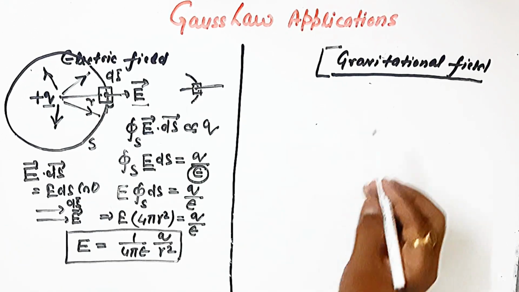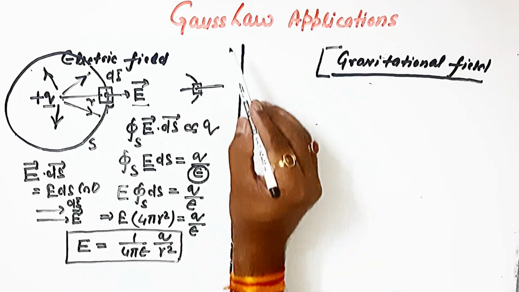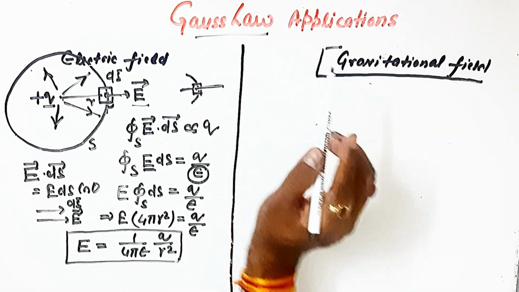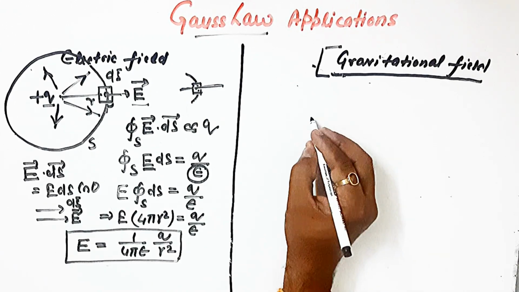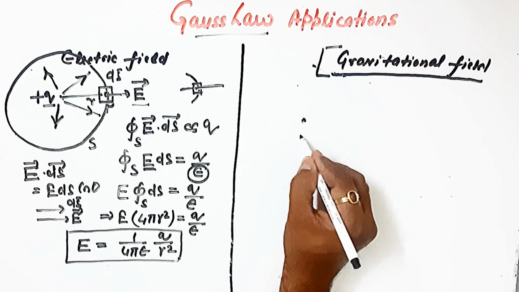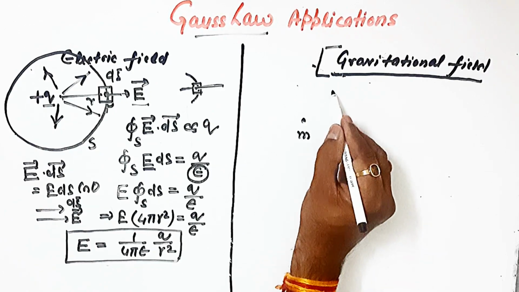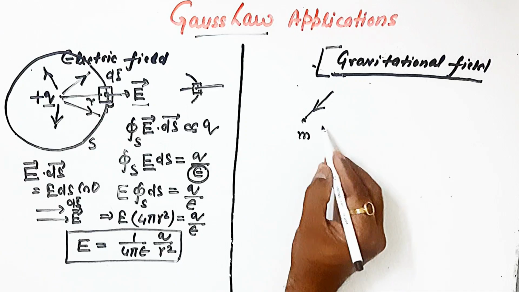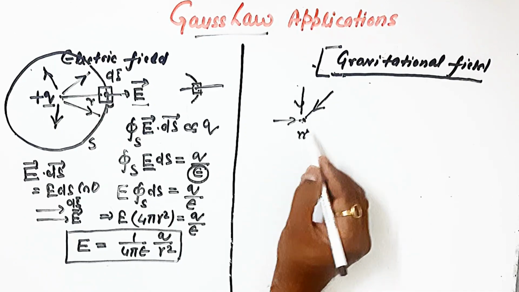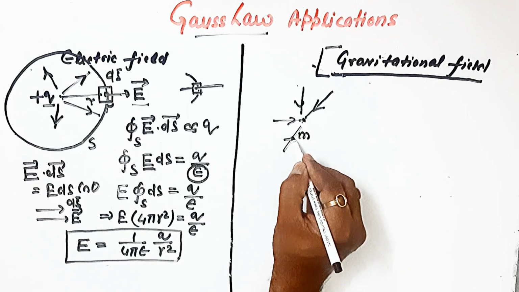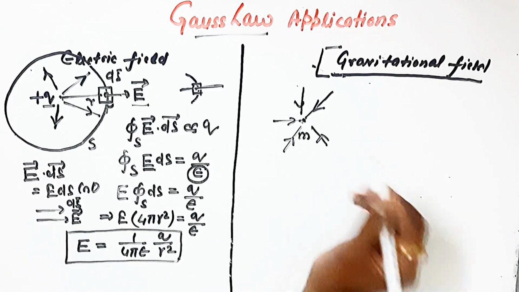Now you see carefully this gravitational field calculation using Gauss law. But listen carefully, because you may not get this explanation in books. Now here, given a mass m, the gravitational field lines are converging at this mass from all around, because this mass has its own gravitational pull from all sides.